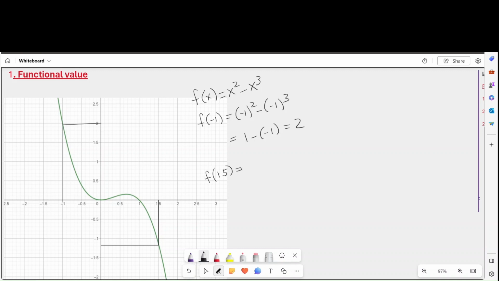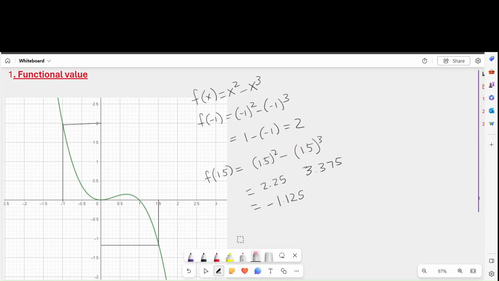F of 1.5 equals 1.5 squared minus 1.5 cubed equals 2.25 minus 3.375, which equals -1.125. So this value here is y equals -1.125.